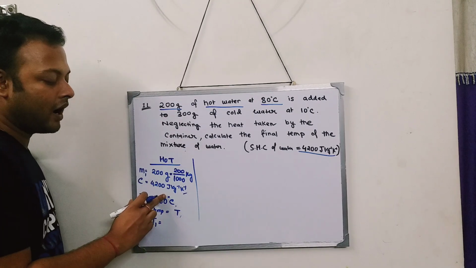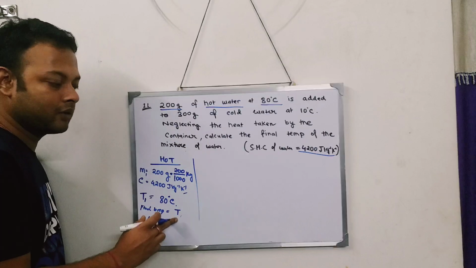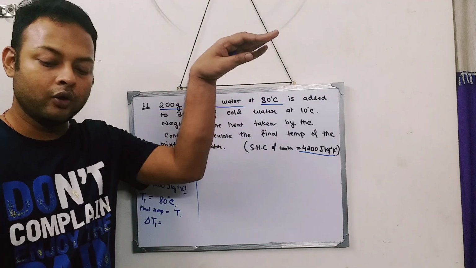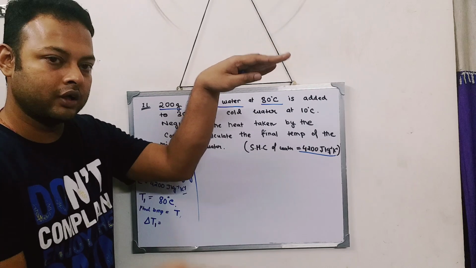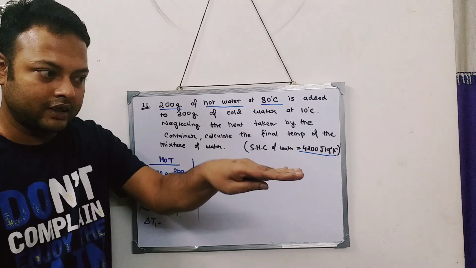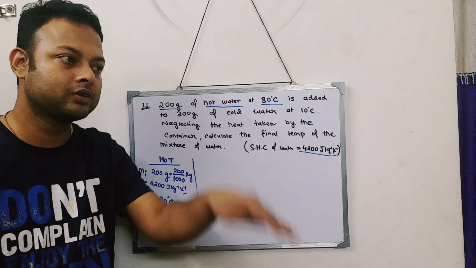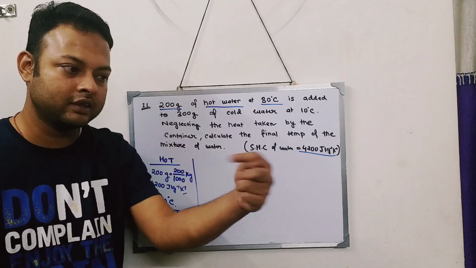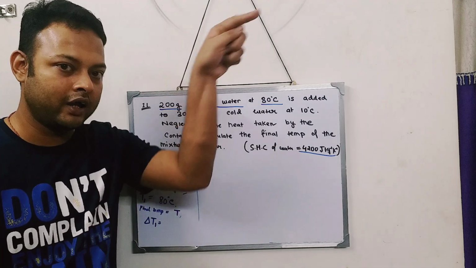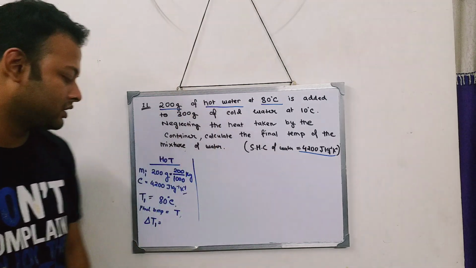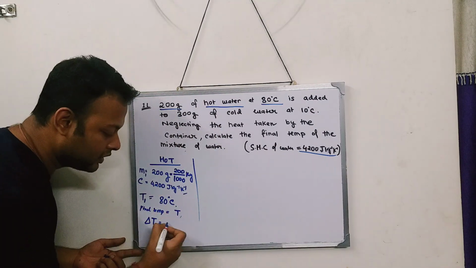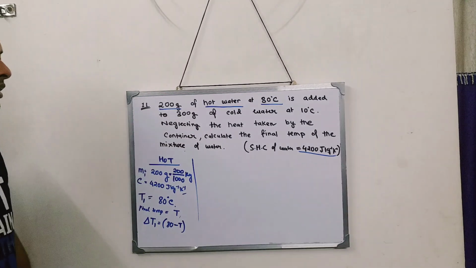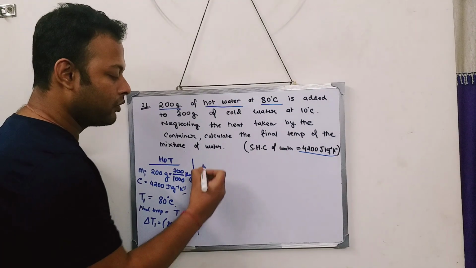It is the higher temperature minus the lower temperature. The hot body is kept at 80 degrees. When the hot body is mixed with the cold body, the resultant temperature will come down. So it will be 80, and this temperature I don't know, so I have taken it as T. It will be higher minus lower, so delta T1 will be 80 minus T. Clear?